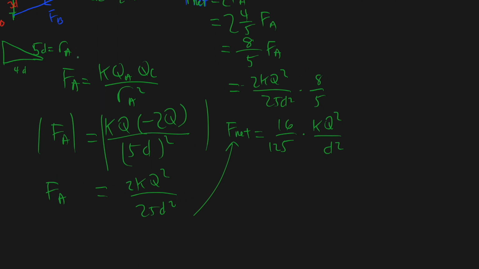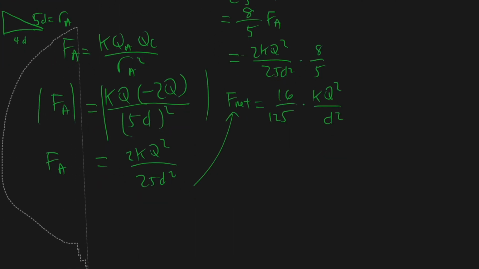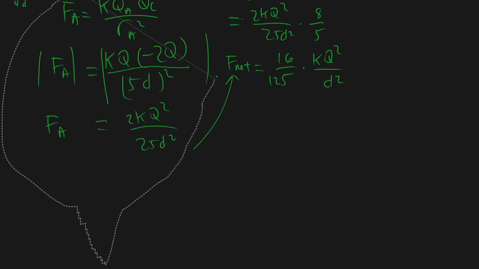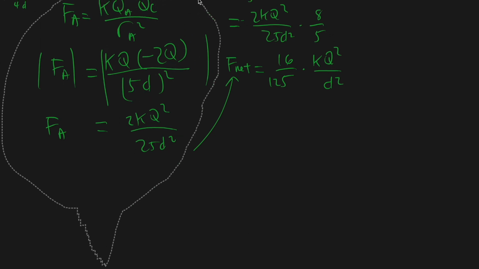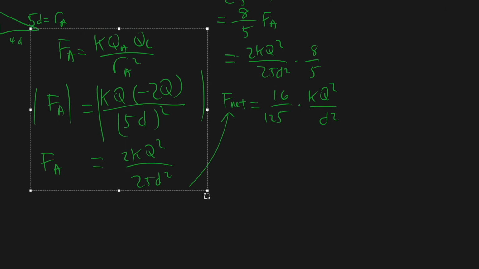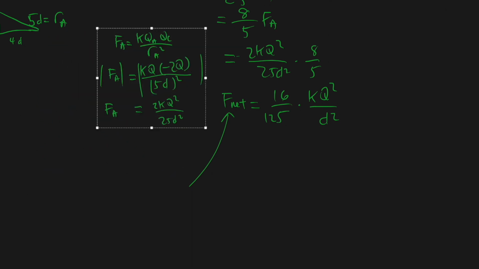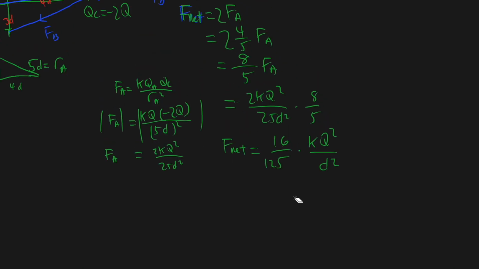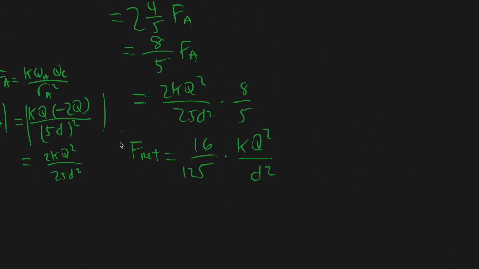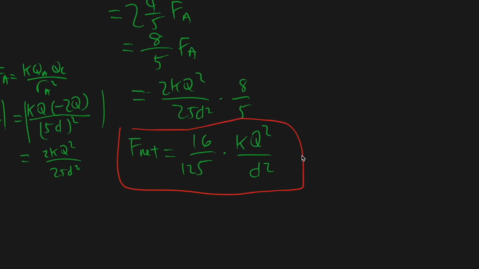So let me make this a little bit smaller here. And this is the answer. This is the net force. So this is the magnitude, and it points to the leftward direction.